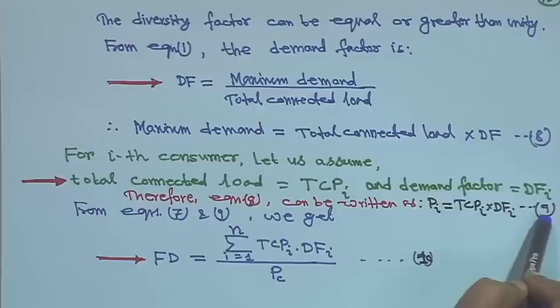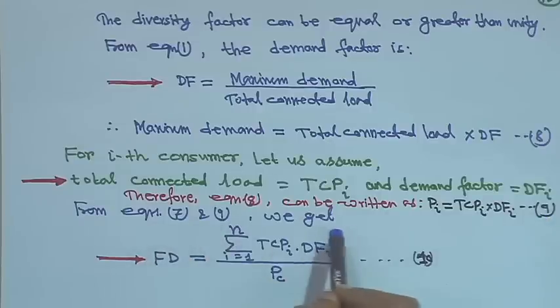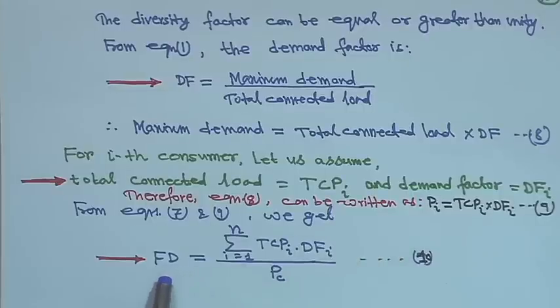This is equation 9, right. From equations 7 and 9 you will get that your diversity factor FD is equal to the sum from i equal to 1 to n of TCPi into DFi upon Pc.